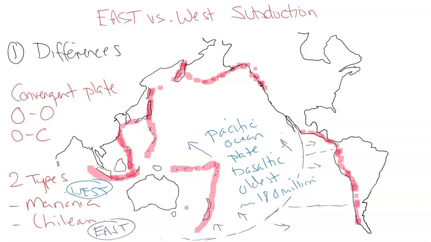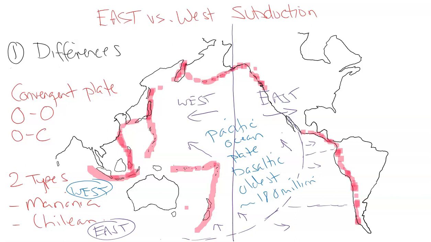So we can divide this. If we have a line, we have the East this way of the line, okay? And if we look at longitude, maybe it's the international date line, 180 degrees. And then obviously this way would be the West.